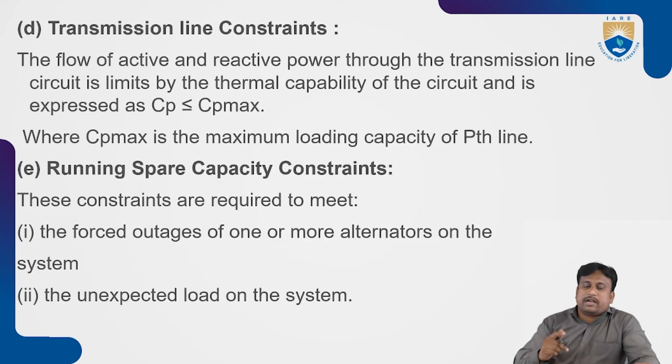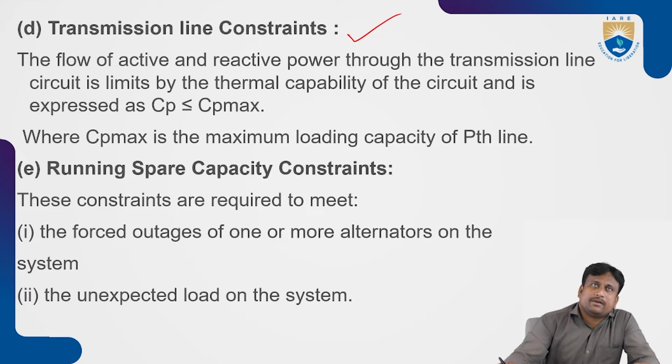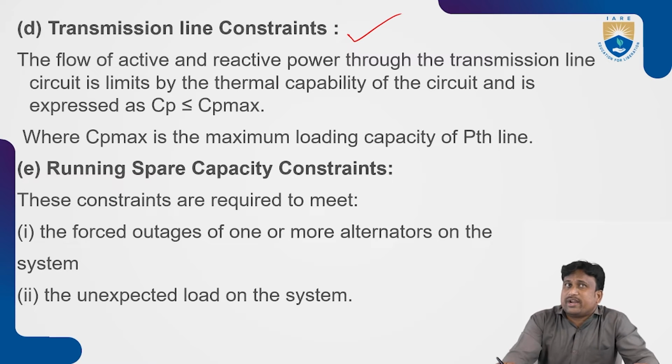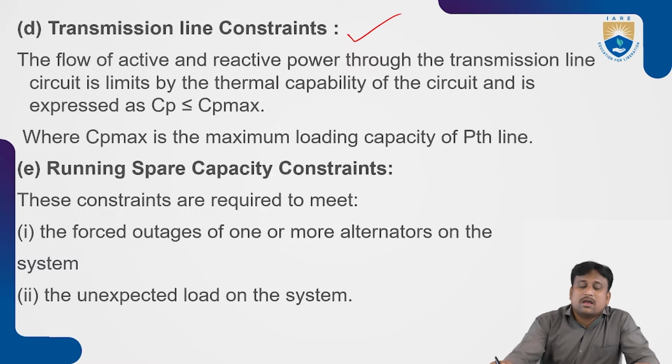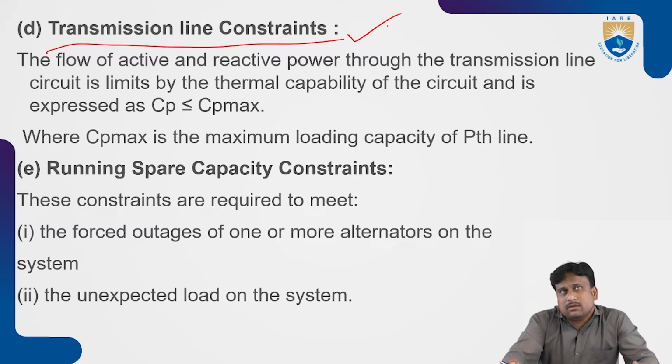Next constraint is called transmission line constraints. What are transmission line constraints? When power is generated, it is connected to the transmission network, and the operating power ranges in the transmission network are suitably defined by the transmission line constraints.